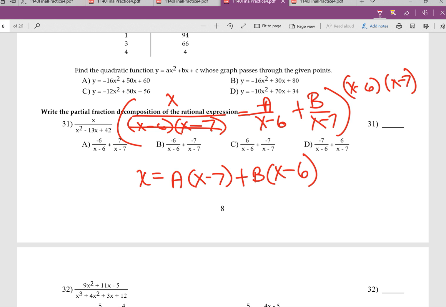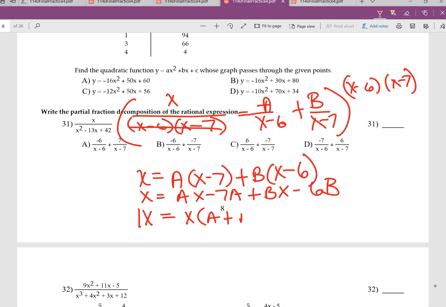We now work out the question where we distribute, so we get x equals ax minus 7a plus bx minus 6b. We combine the x terms together, so x equals, remember this is 1x, equals x parentheses a plus b, and the singles give us negative 7a minus 6b.